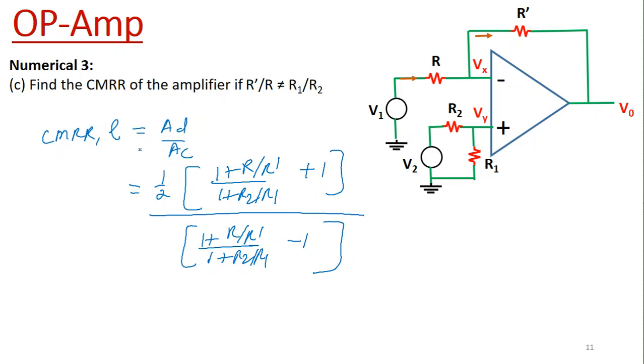This is the CMRR, which is equal to rho, when R dash by R is not equal to R1 by R2. So we have solved the three parts of this question. This is the C part.